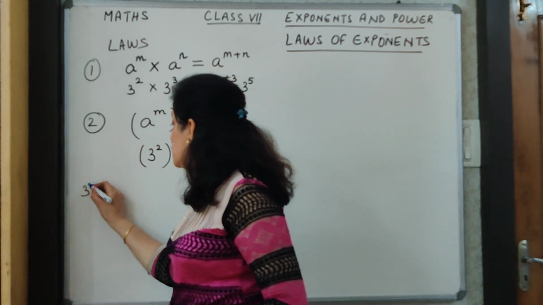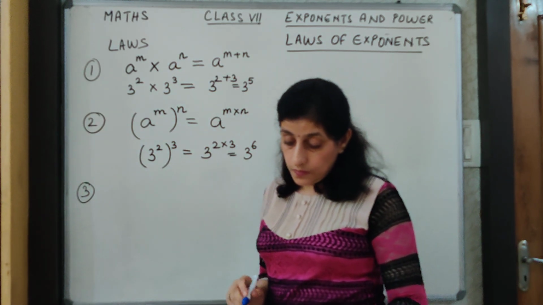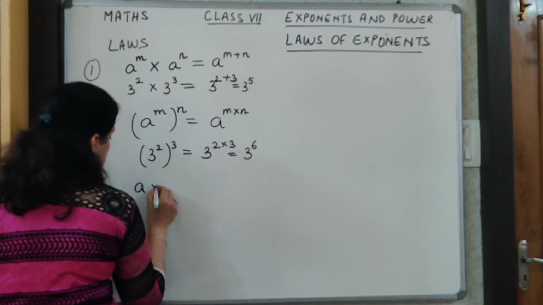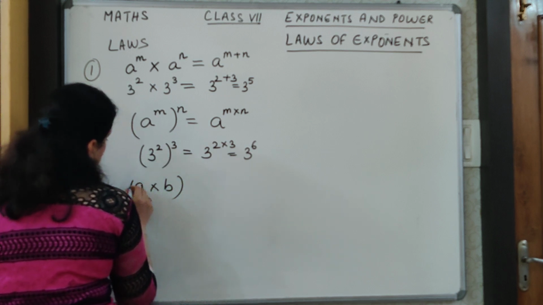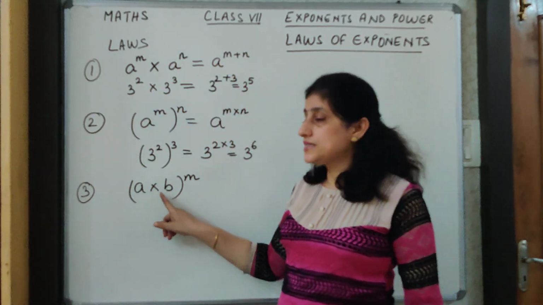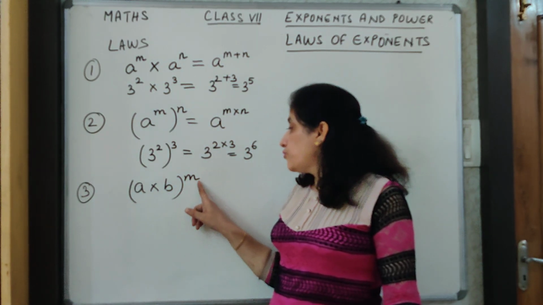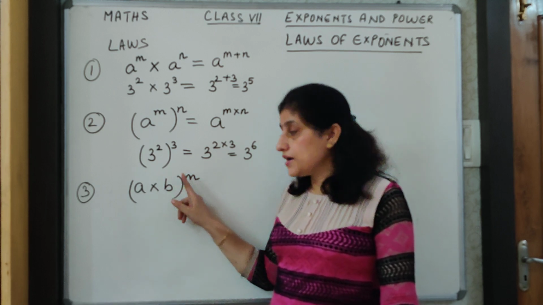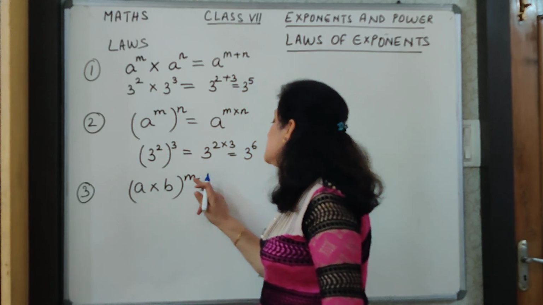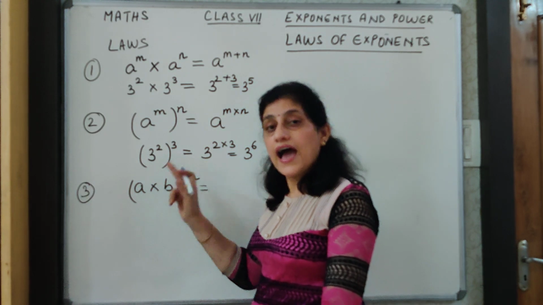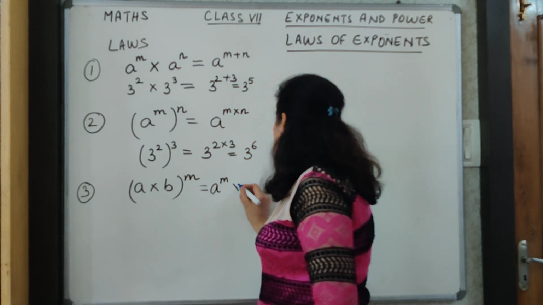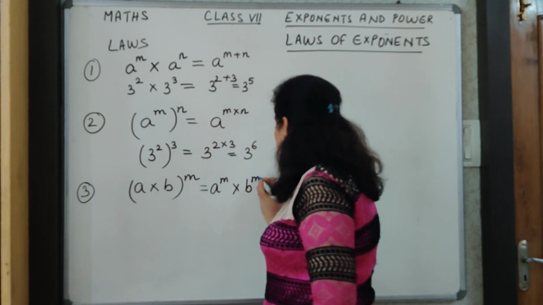Now moving on to the third law. The third law is, suppose I have two different bases multiplied with each other and both of them have a common power m. Though separate bases are multiplied and both have a common power, you can see the power is applied to the whole bracket. So in this question, it means that this power belongs to A as well as to B. So we will have A to the power m multiplied by B to the power m.